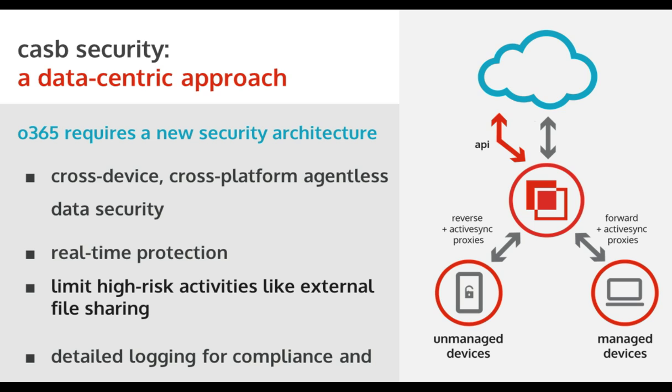So the policies that you implement are saying what types of devices you will allow to connect, and then once they connect, what type of data you would allow them to upload or download into the cloud application. That's what we mean by a data-centric approach to security. There are several pieces to it. There is data at rest in the cloud.